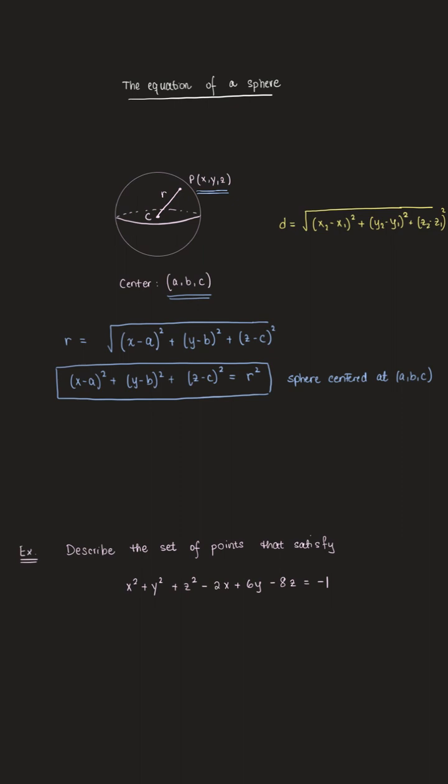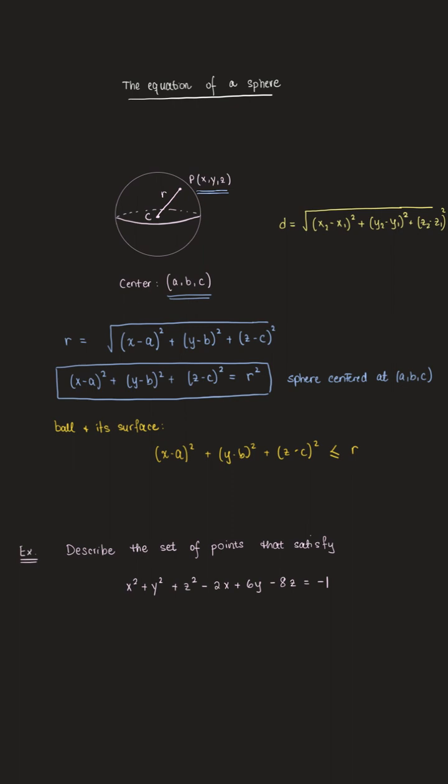If I wanted the solid ball, everything inside of the sphere and the surface, then we would write the following. So if we want the ball and its surface, then the equation would look like this. We would still have x minus a squared, y minus b squared, plus z minus c squared. But now we want all the points whose distance to the center is less than or equal to r.